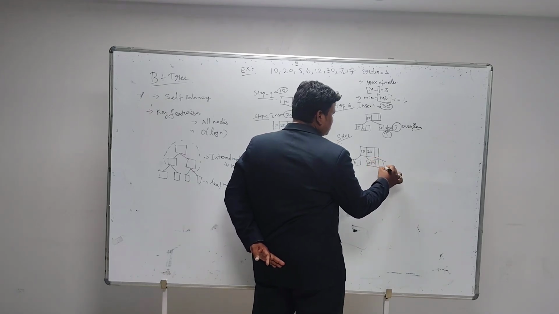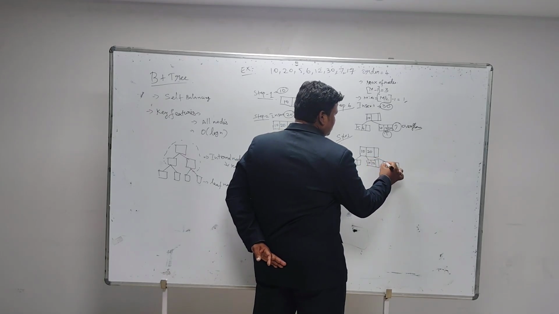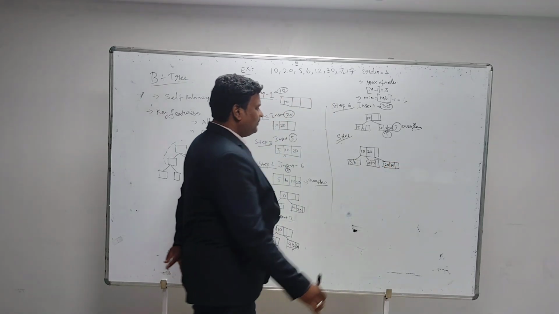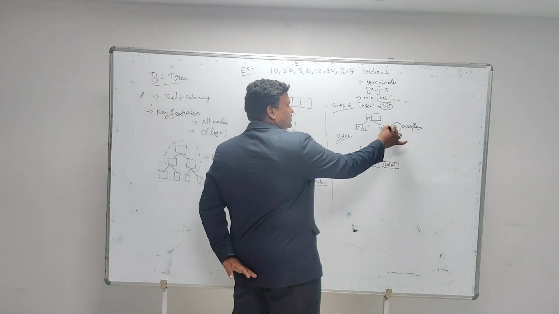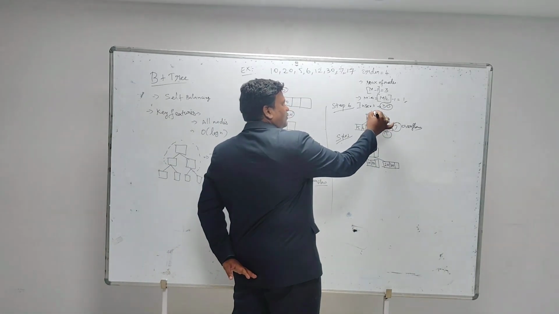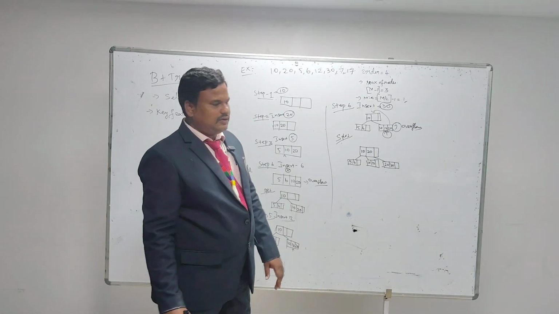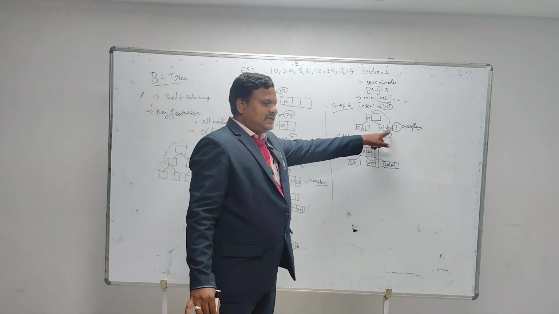The next thing is we are holding 20 plus 30. After this we are going to push one leaf node to the other root node, then we can have free space here.